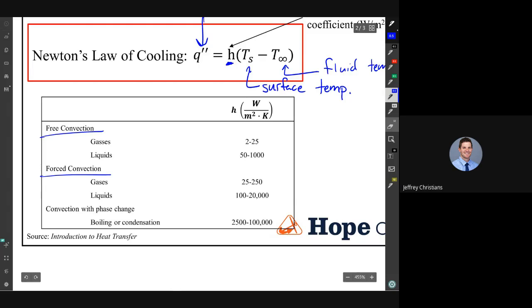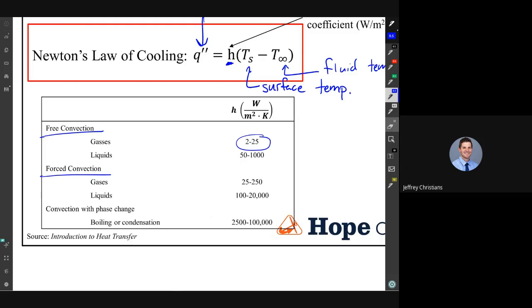Forced convection is where you have some sort of fan, pushing liquid, forcing the liquid movement, or forcing gas movement. Free convection can have a huge range of values. This is just an approximate ballpark range, but they're going to be small-ish numbers.